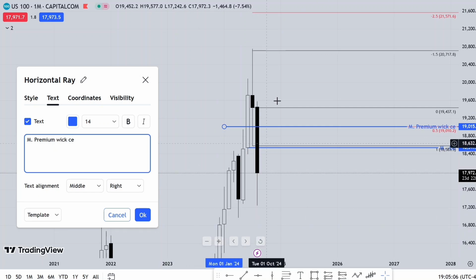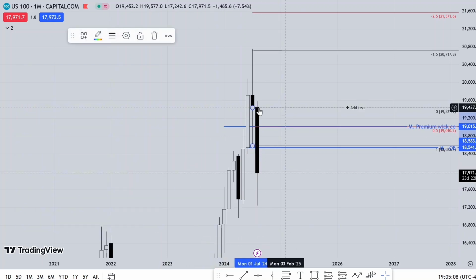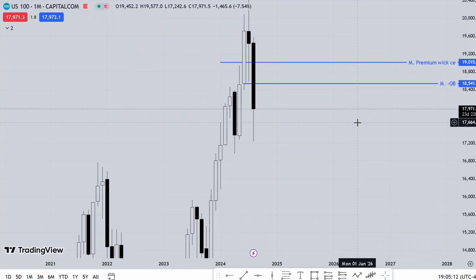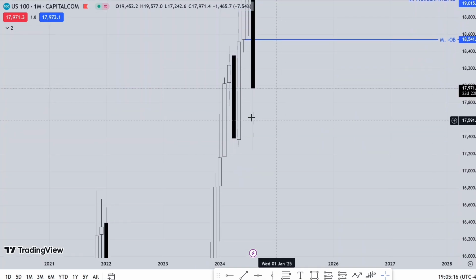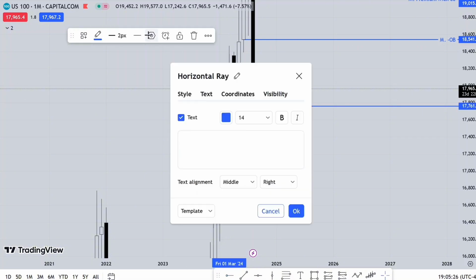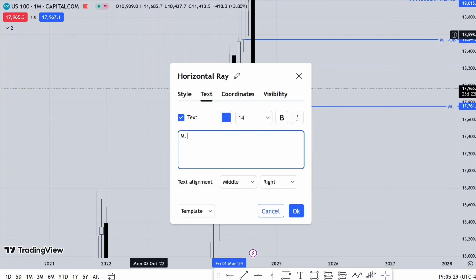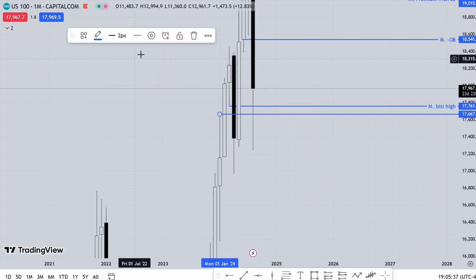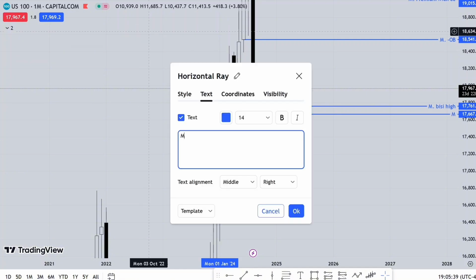That's it. Take this off. You need as clean price action as possible. What else do I see in this body of price action? I can see this BC here and also this BC. Call this monthly BCI, and right below it we have the monthly BC low.